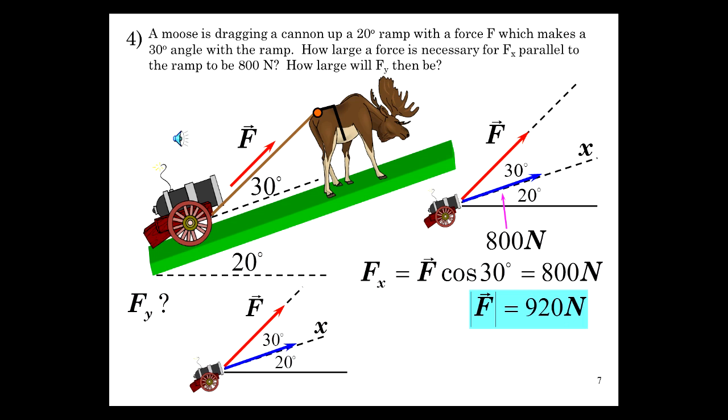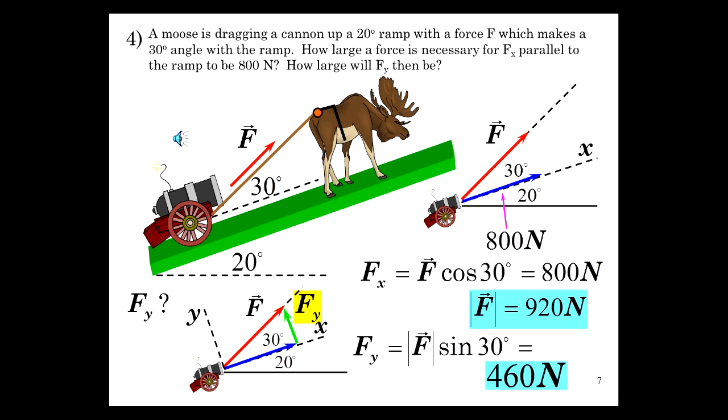So what's Fy? Since we've defined x already, y is perpendicular to that, and so it's just this component here. And so Fy is the force, which we know now, times sine of 30, and that gives us 460 newtons.